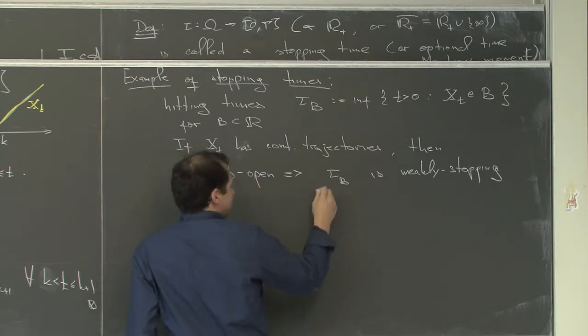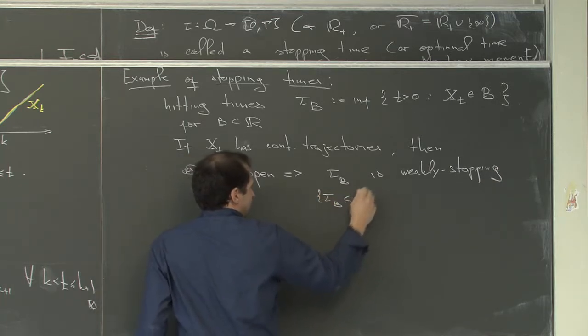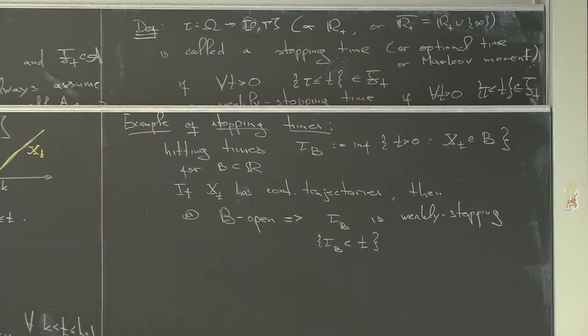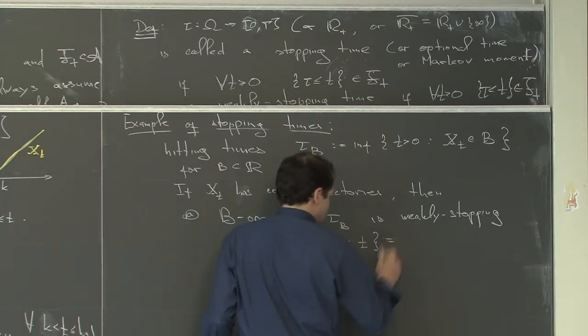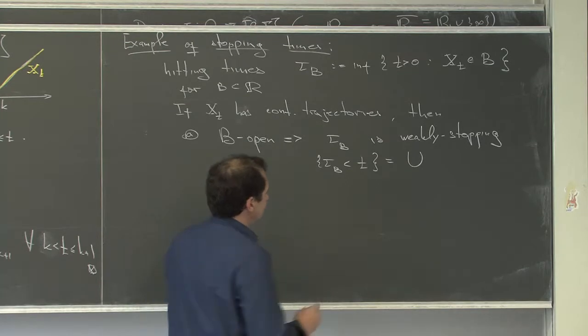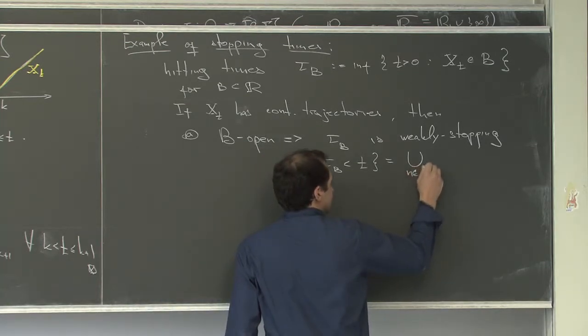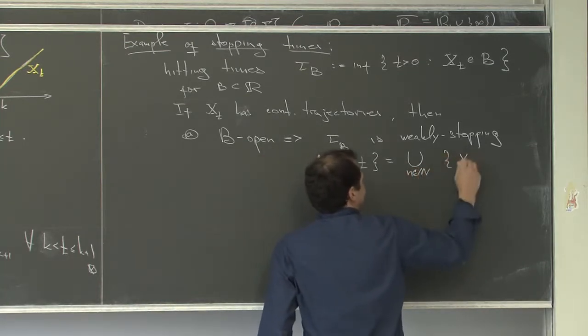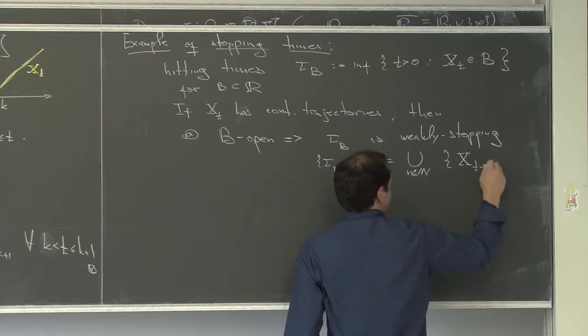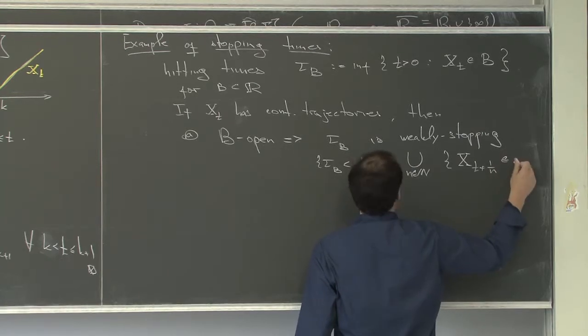Why? Just because the event that tau B is strictly less than t can be written as the union over n, for instance, of the event that X at t plus 1 over n is in B.